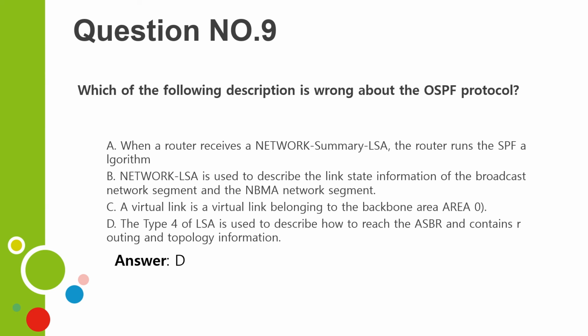C. A virtual link is a virtual link belonging to the backbone area 0. D. The type 4 of LSA is used to describe how to reach the ASBR and contains routing and topology information. Answer D.